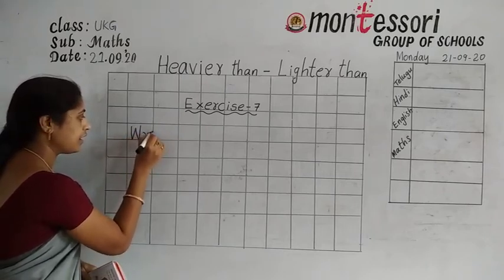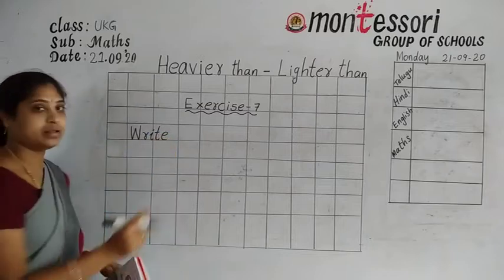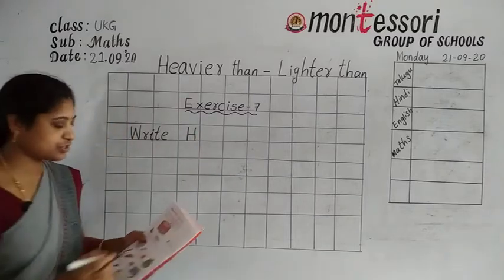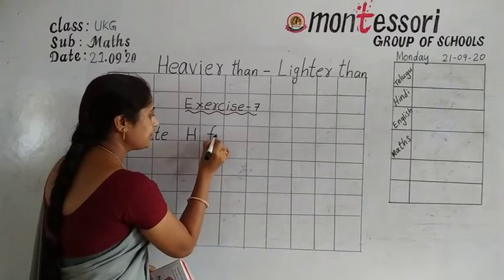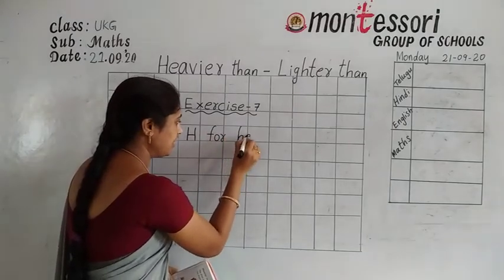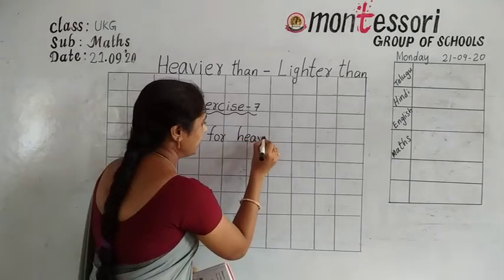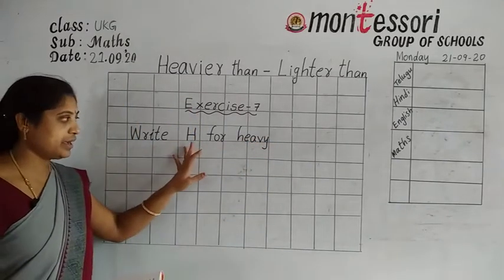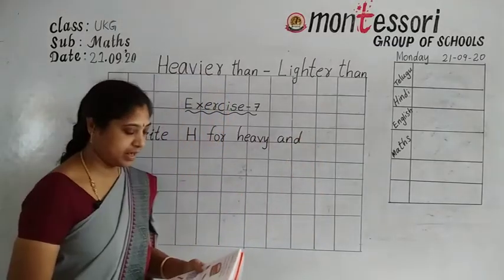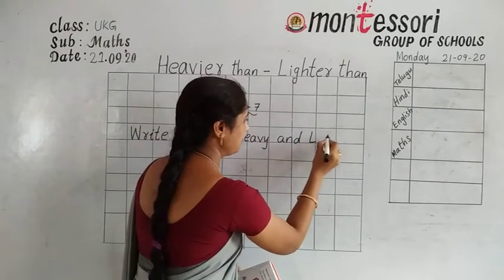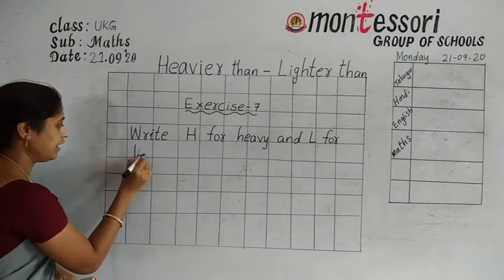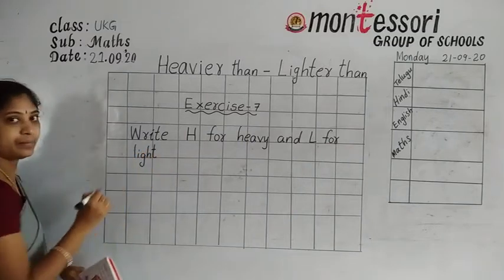Leave one box, start from capital W. Write: W, R, I, T, E. Write H, capital H, finger gap, for heavy: F, O, R, for, heavy: H, E, A, V, Y. Write H for heavy, finger gap, and, capital L for light: L, I, G, H, T. Light.